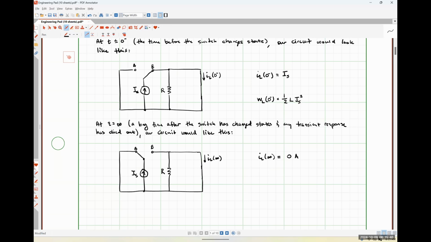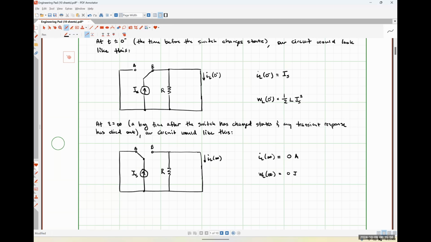Or actually, let's take this one step further. What's the energy stored at t equals infinity? Also zero. So I'm just going to call this 0 joules.